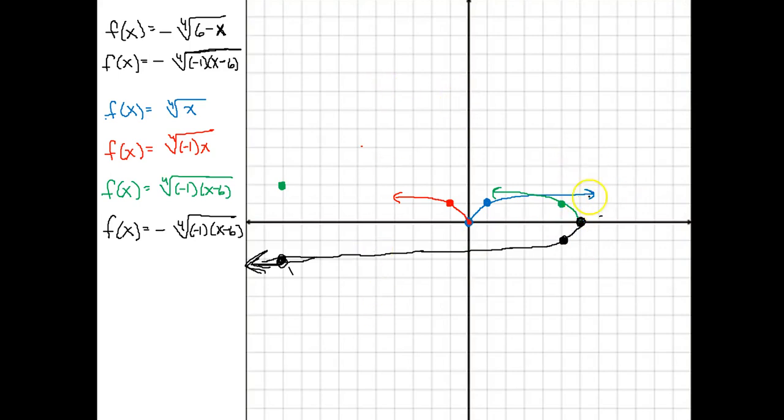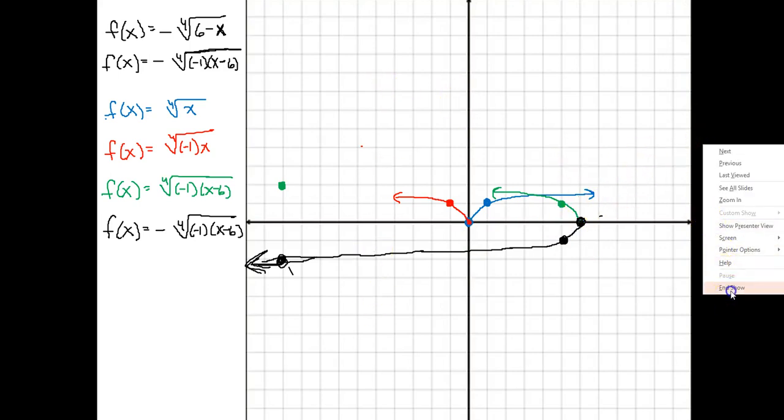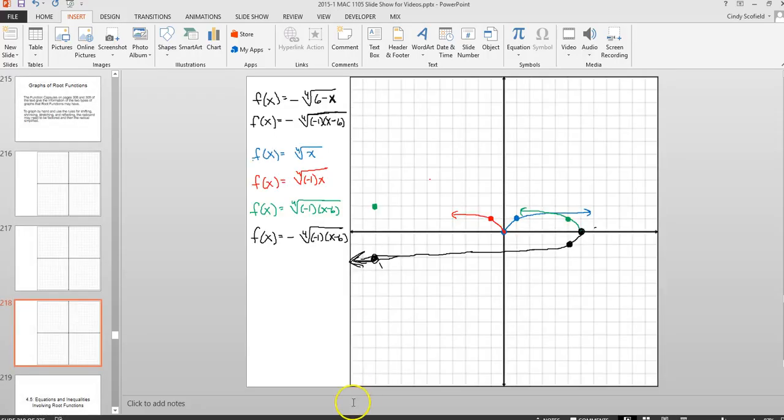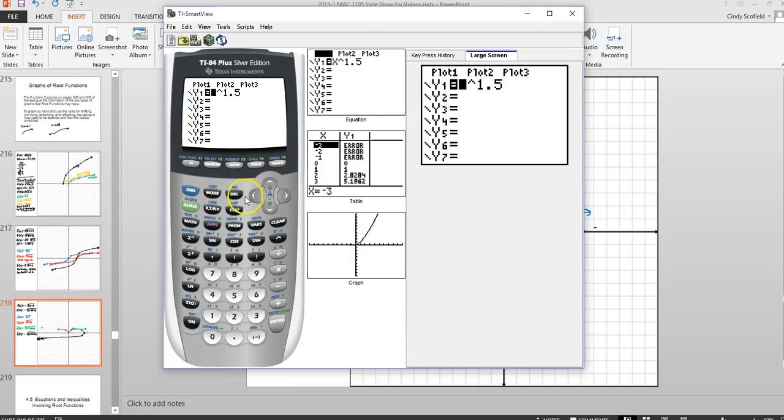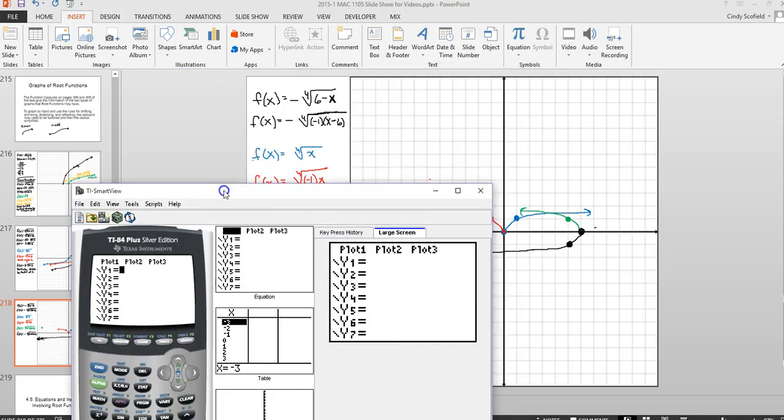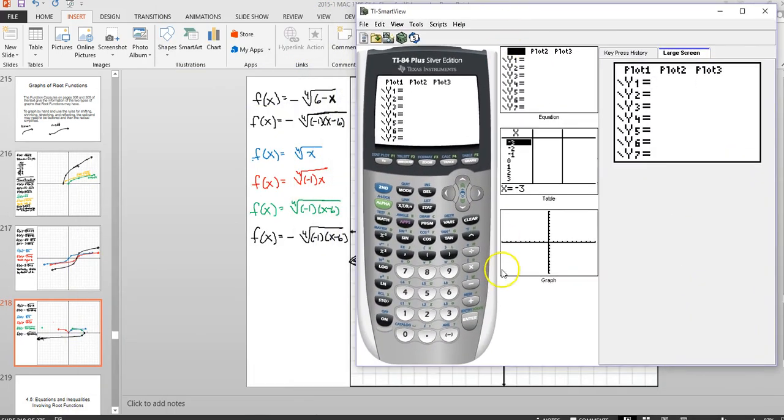And if you want to, you can put it in your calculator and confirm. Let's see, y equals, we're looking at negative, and then we've got 6 minus x raised to the 1/4 power. We get graph.